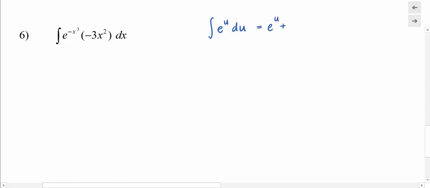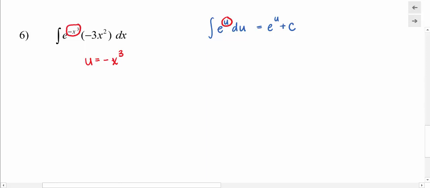This is e to the u plus c. Okay? So if that's the case, I can see that I have a function in place of where that exponent u normally is. So I'm going to let that exponent be my u.